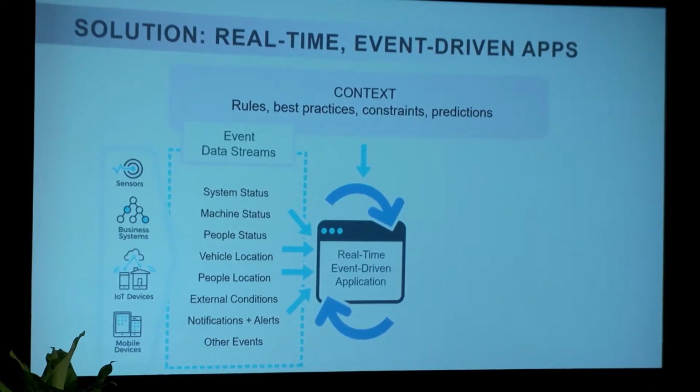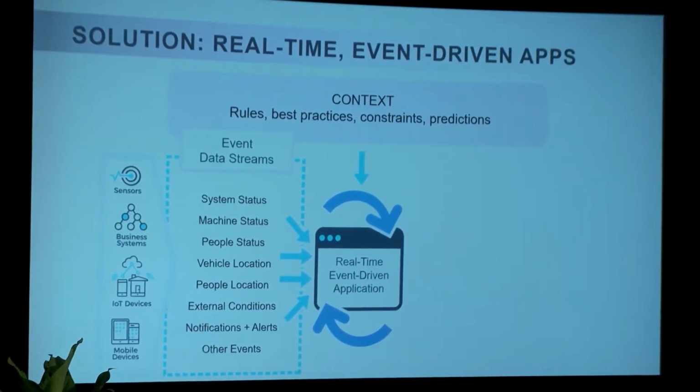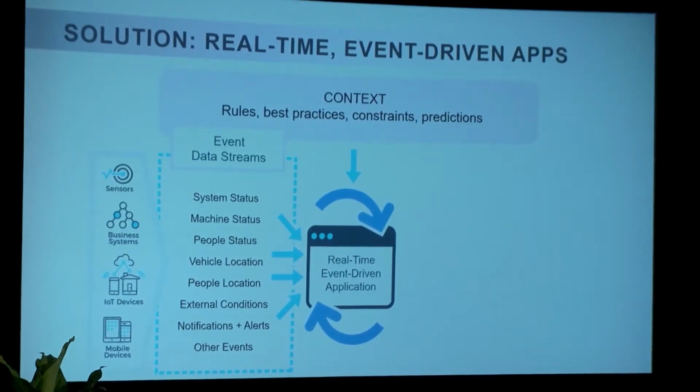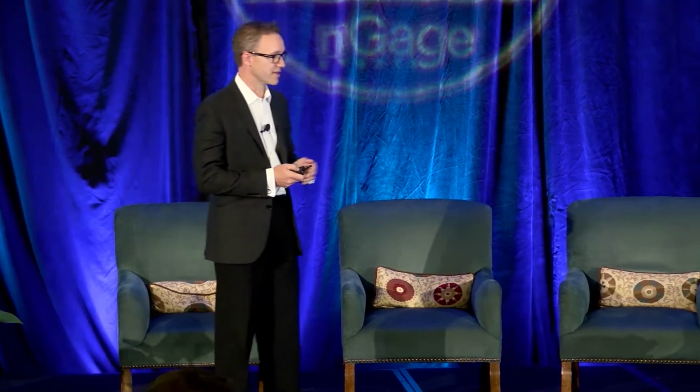And of course, you have to have some context, right? You have to know, is the state of this system good or bad? If the machine is at 100 degrees, is that a good thing or a bad thing? If the data is flowing in a particular way, can my machine learning algorithm predict that this car is about to break down so I can make sure I position the CIA vehicle where it needs to be?